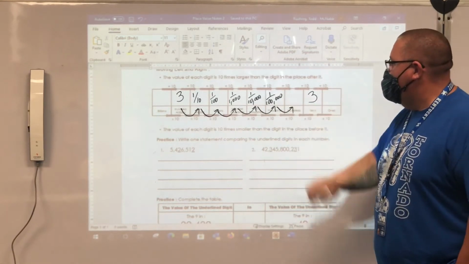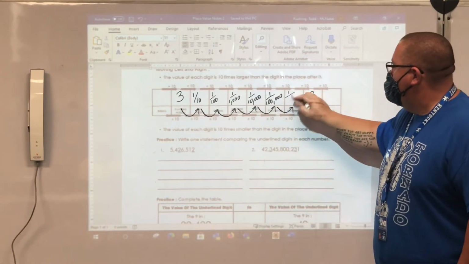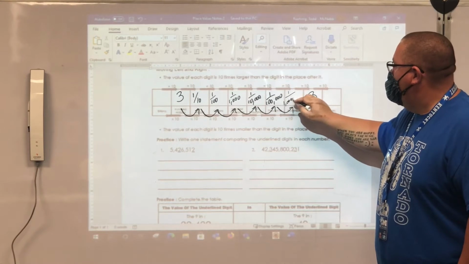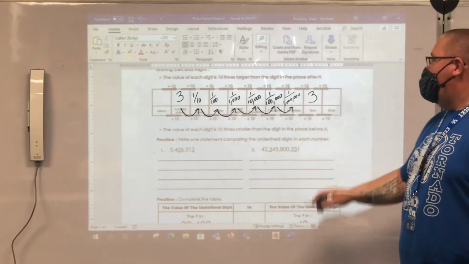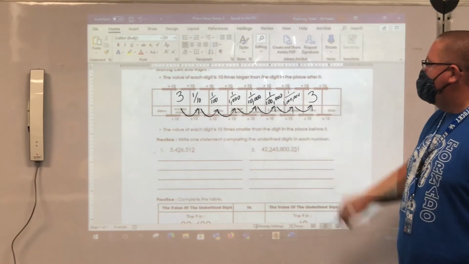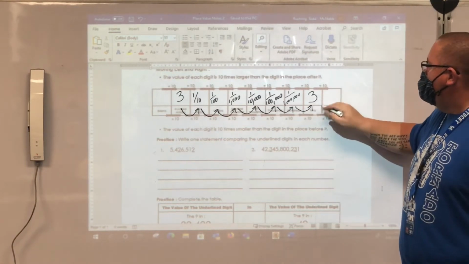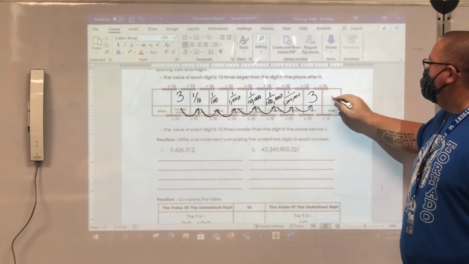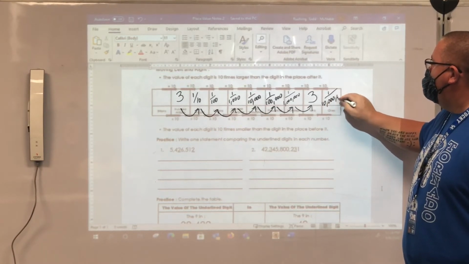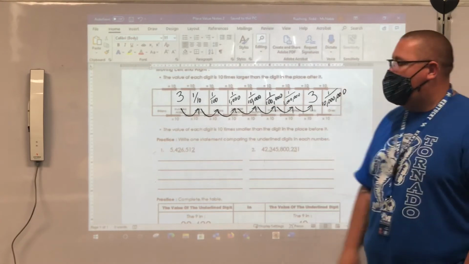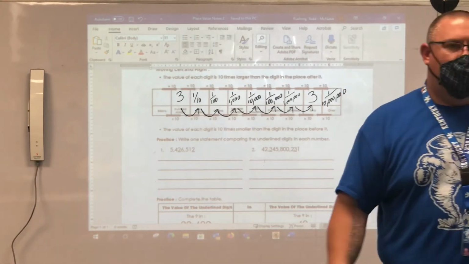We'll move again. 1/1,000,000th. And we're going to move one more time, and we'll put that over here on the side, 1/10,000,000th. Who thinks they know what all that means?